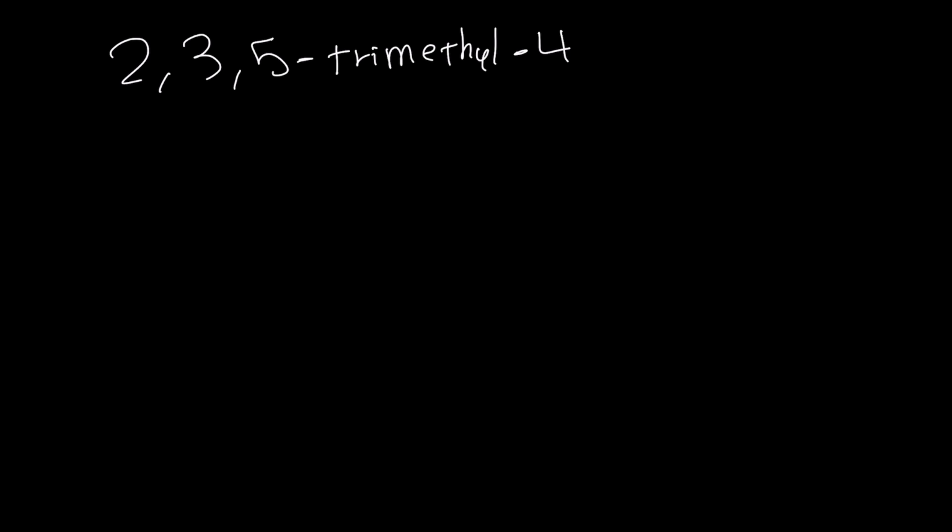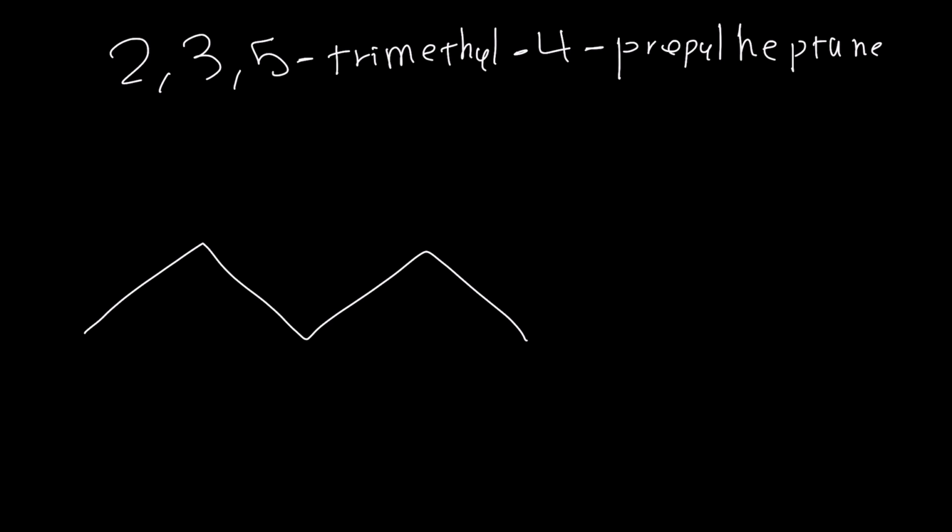Let's look at some more complicated examples. Let's look at 2,3,5-trimethyl-4-propylheptane. Heptane again is associated with 7 carbons.